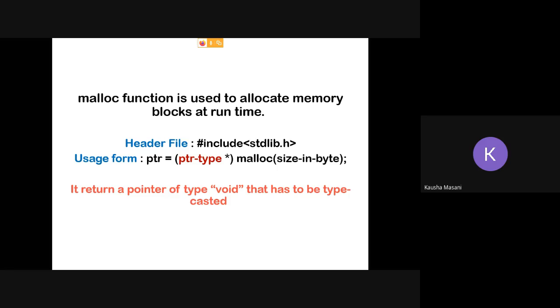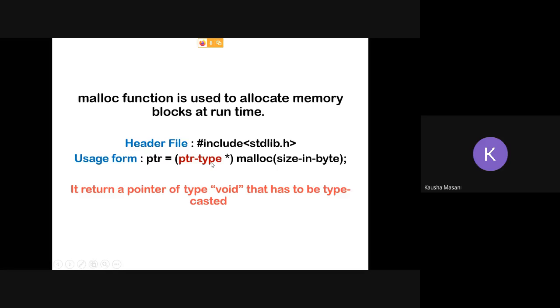So this is what I was trying to tell you, that it returns a pointer of type void that has to be typecasted. The malloc is going to return you that pointer, and the pointer which is returned is of type void, and that's why you are doing ptr type.